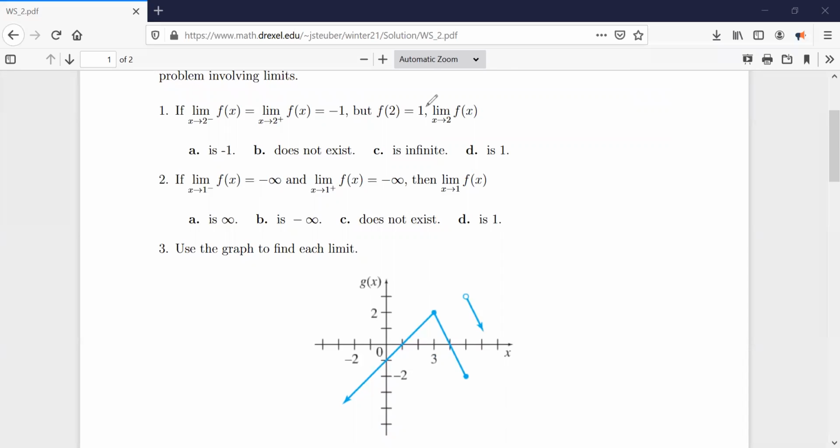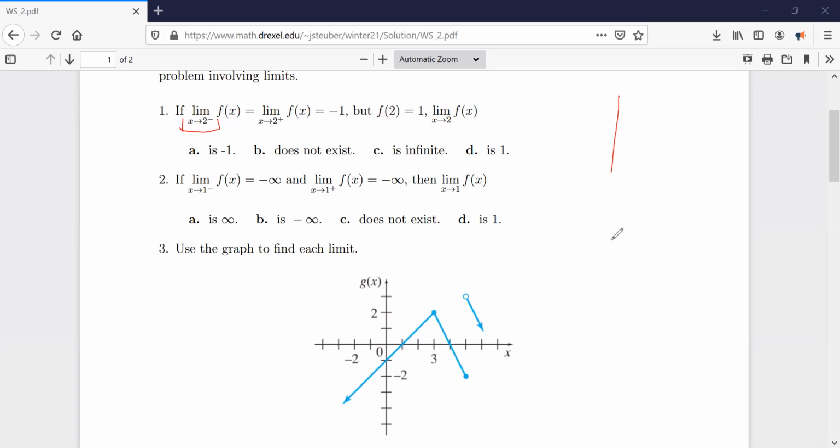So we've got a function that from the left side approaches -1 when x is approaching 2, and from the right side of 2 it approaches -1 also, but f of 2 is equal to 1.